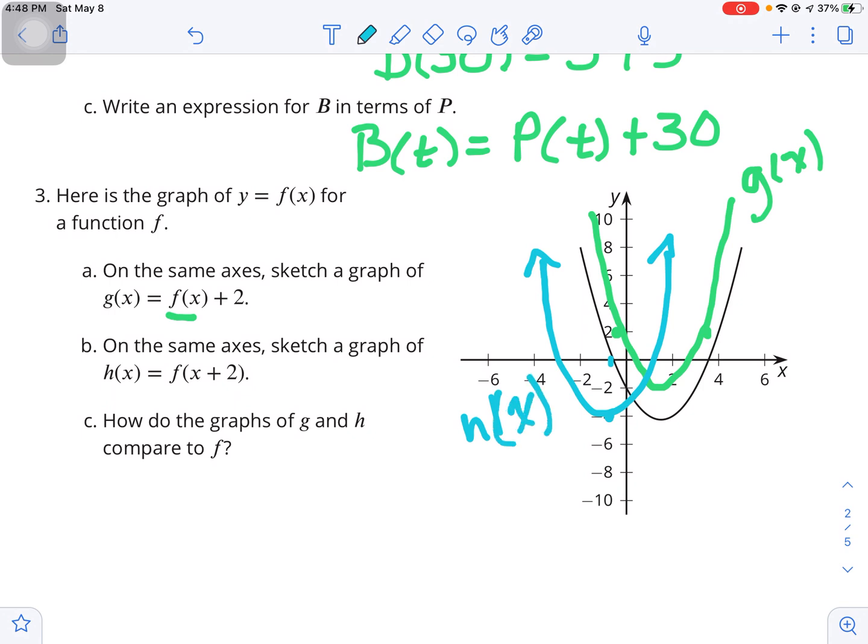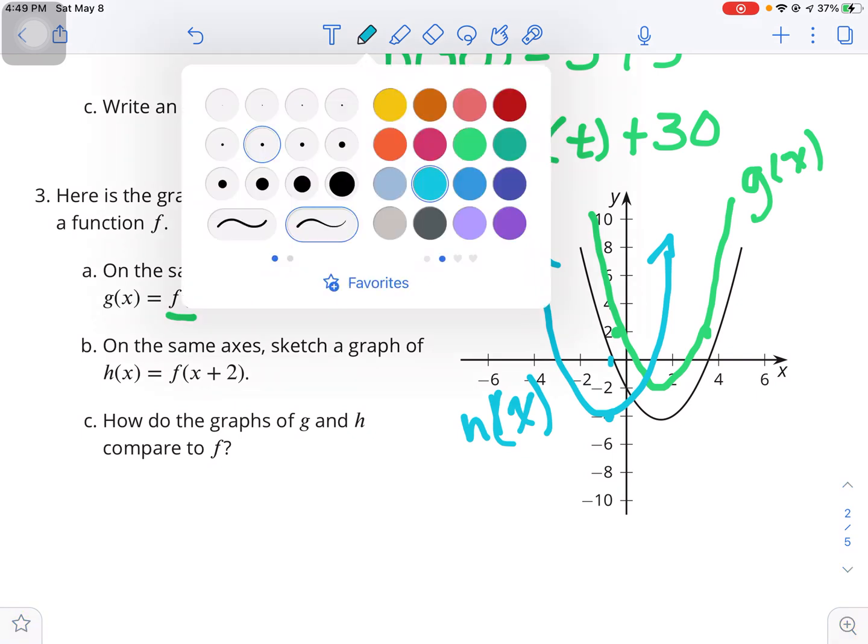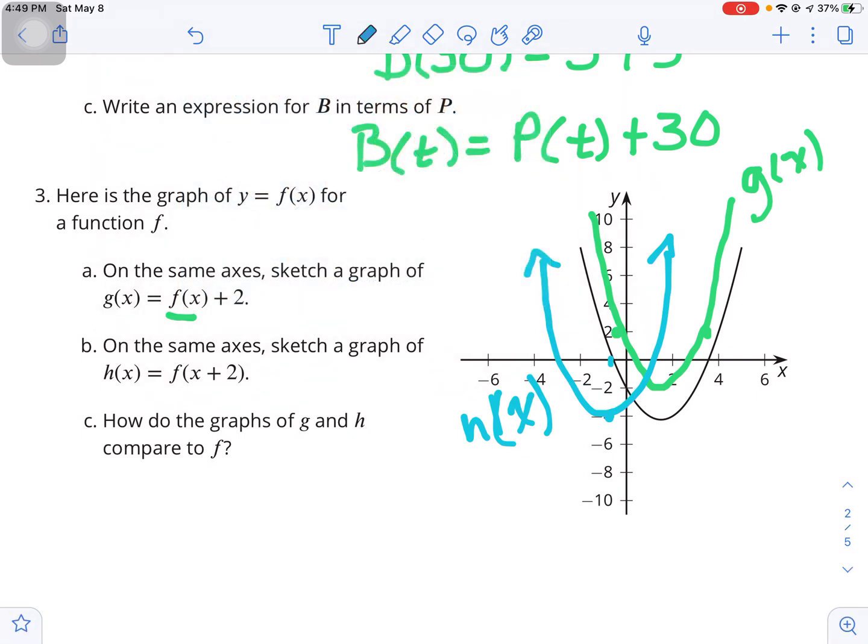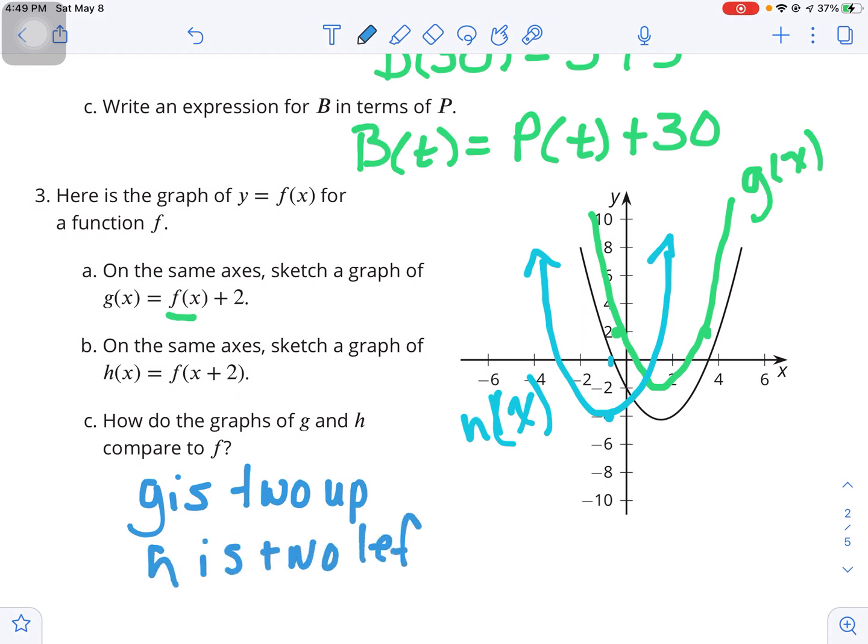And then how do the graphs of g and h compare to f? So g is 2 units up, and h is 2 units left from the original function.